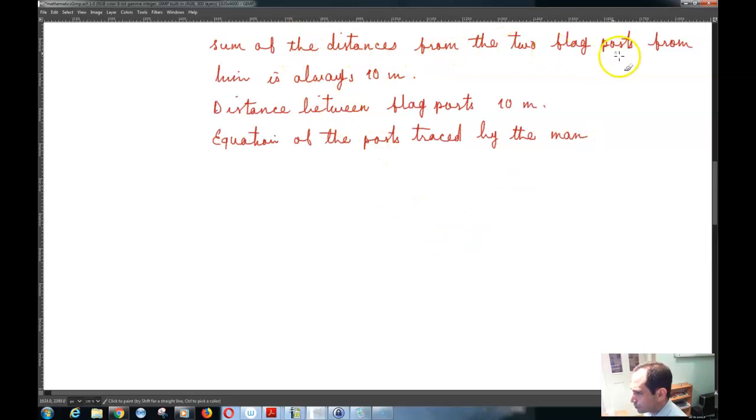Okay, so it seems that there have been 2 flag posts. You can imagine that there are 2 flag posts over here, and let's say that the man, for example, was over here.